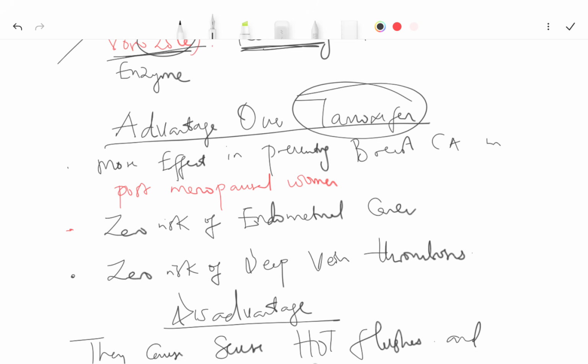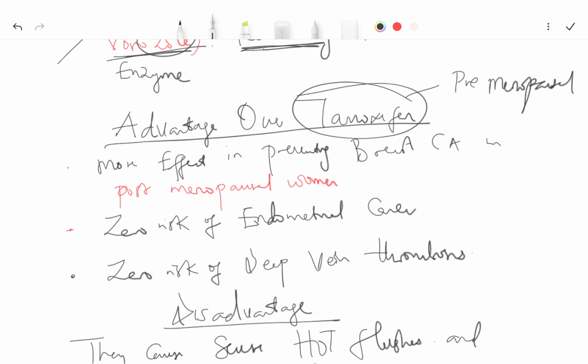Tamoxifen is mainly used for premenopausal women. But for postmenopausal women, we give them this aromatase inhibitor, because in postmenopausal women, the main route for the synthesis of estrogen is through the adrenal pathway, through the adrenal hormones that are being converted to estrogen.